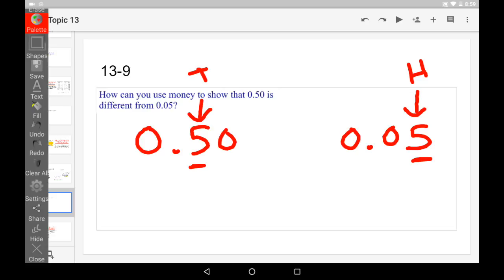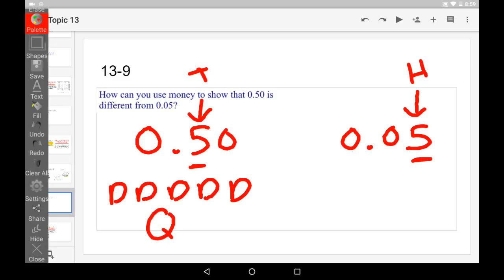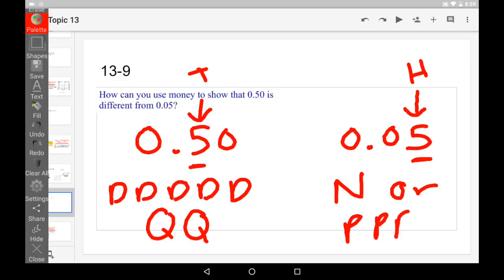So how could you use money to show? Well, you could draw this out by using your dimes, 2, 3, 4, 5. You could also say, well, 2 quarters is equal to 50 cents. Our 5 cents, you could use a nickel or 5 pennies. And we know that when we use money, dimes and quarters are larger than nickels or pennies.